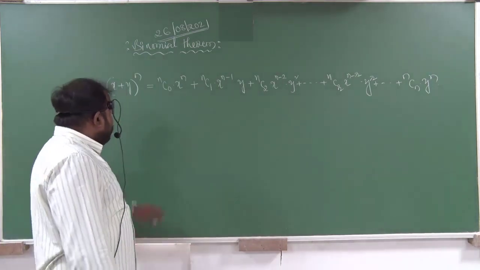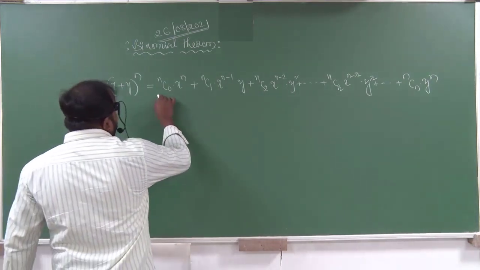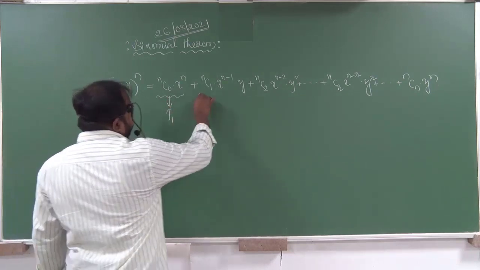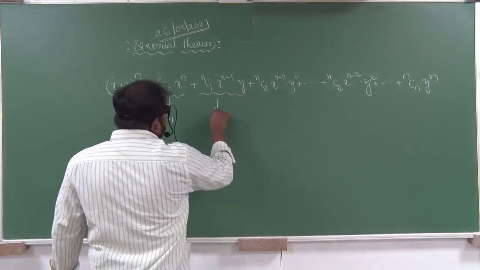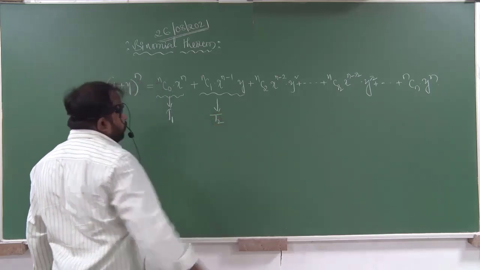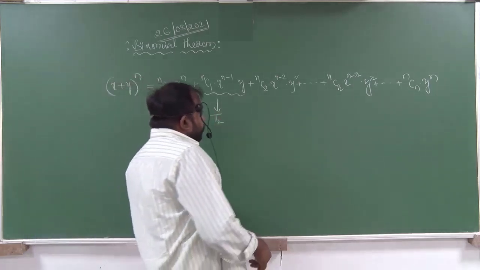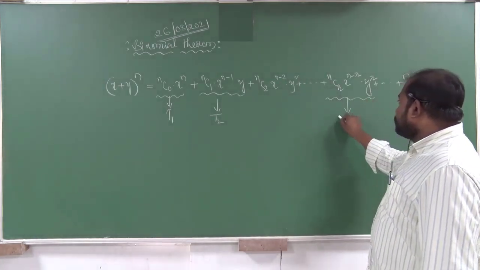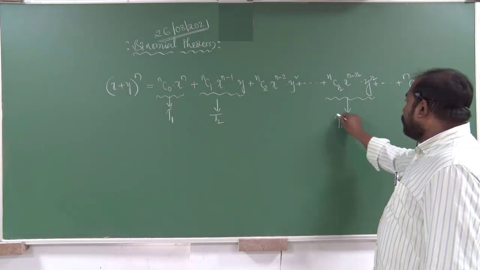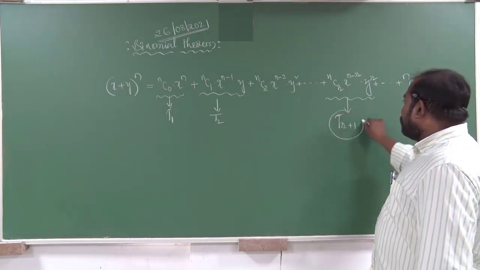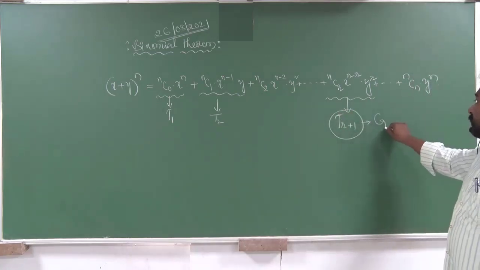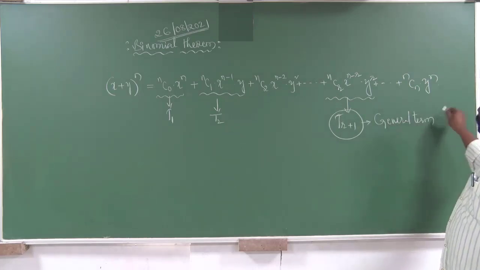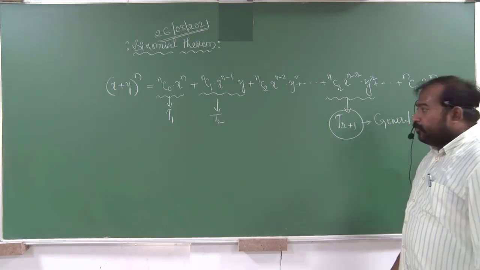Here if you observe, nC0 means what is the term number? This one is t1, the first term. nC1 is t2, the second term. By continuing this process, here nCr is there now. What is this term number? T(r plus 1). This T(r plus 1) is called the general term. Even this we already gave.